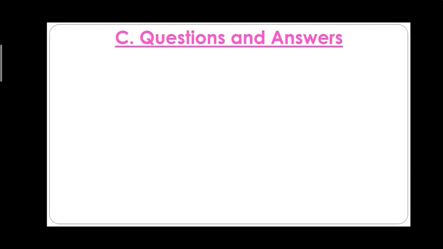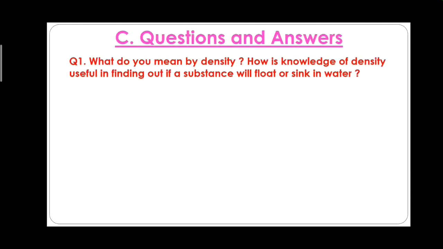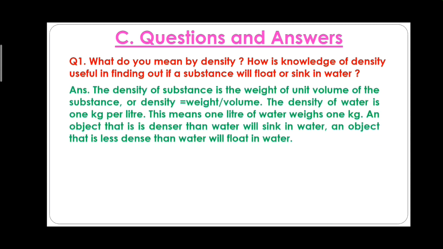Our first question is, what do you mean by density? How is knowledge of density useful in finding out if a substance will float or sink in water? Answer. The density of a substance is the weight of unit volume of the substance, or density is equal to weight upon volume.